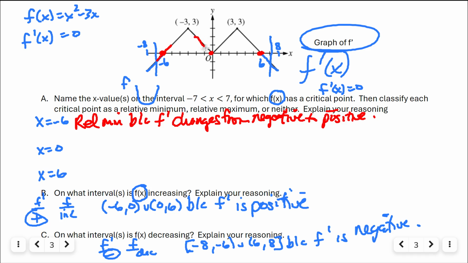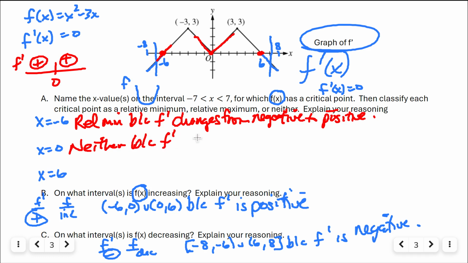The graph is positive, but then it stays positive. So think about it. If you're on your number line and f prime were positive, then it would stay positive. At x equals 0, you'd be like, nah, that's a nothing. Right? So x equals 0 is neither, because f prime doesn't change sign. It's positive, then it stays positive.